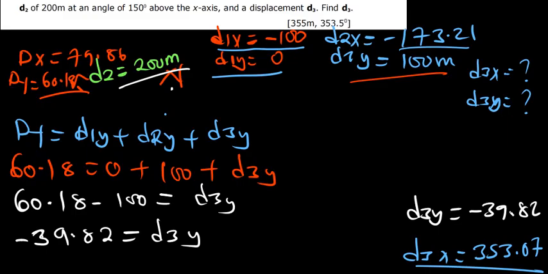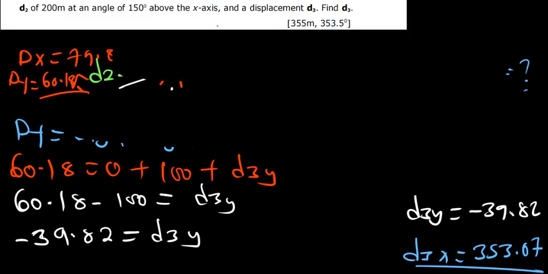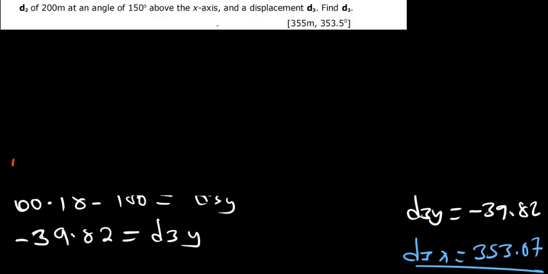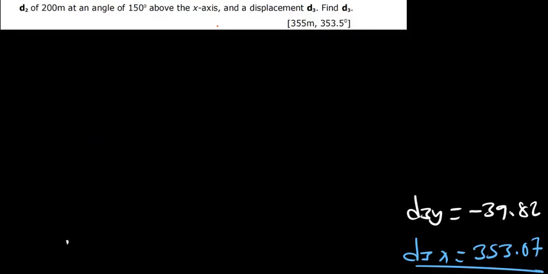Now after finding the components of D3, you have to use the Pythagoras theorem to find the magnitude. How do you find the magnitude? When finding the magnitude, you say D3 is either you use an arrow on top or you can put it in modulus. If you don't use this as a vector, then you are talking about scalar.